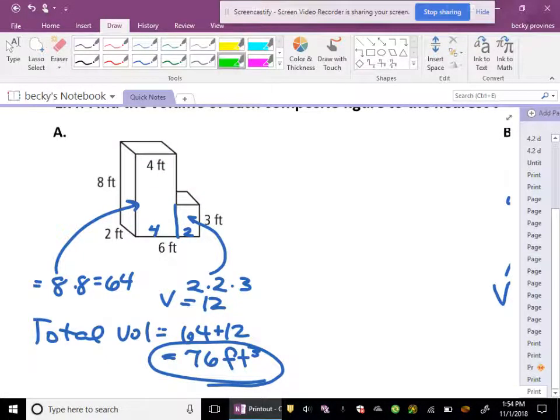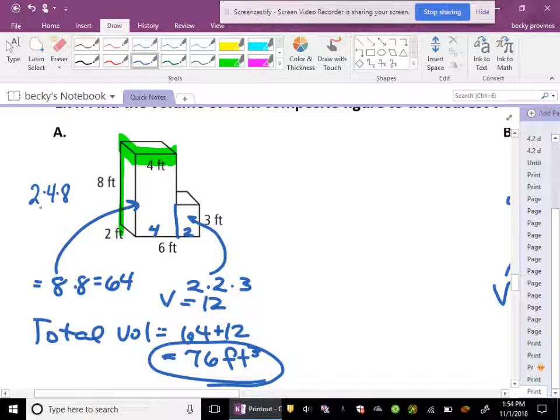On the one on the left, one number is 4, and then my length and width would be 2, and then 8. So 2 times 4 times 8, and 2 times 4 is 8. And so that's how I have my work done here. 8 times 8 is 64. So on the left, the volume is 64.